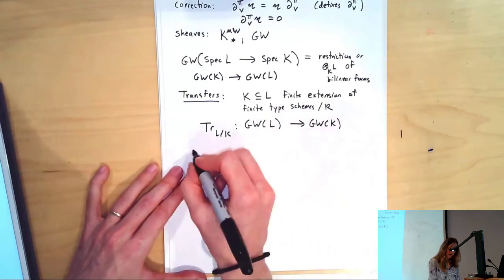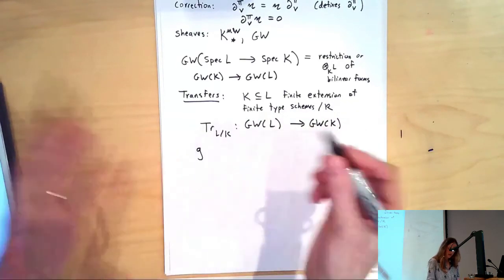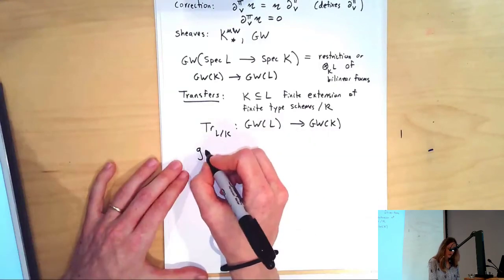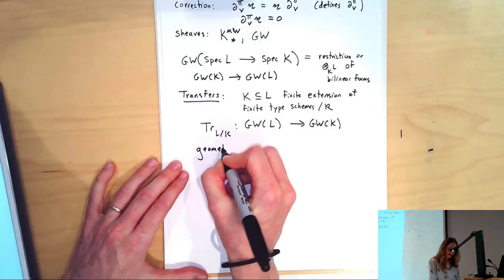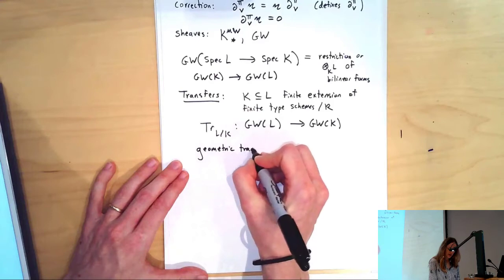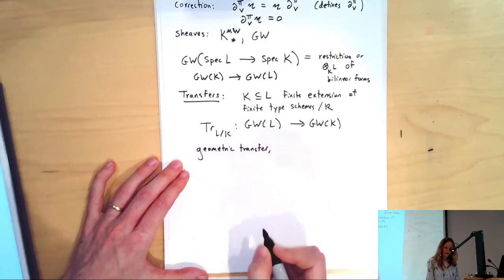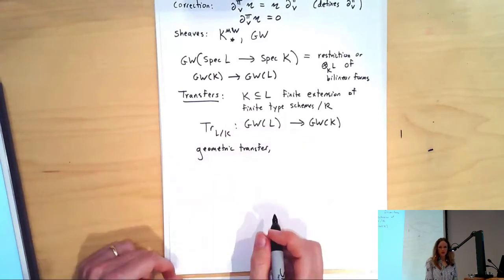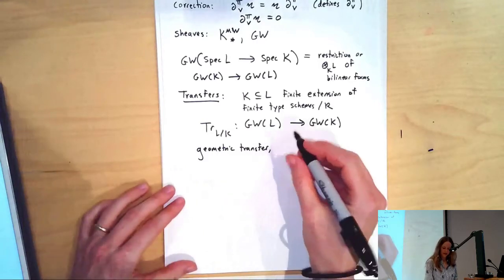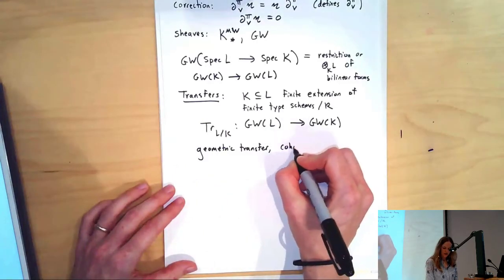And there are a couple types of transfers. For instance, in Morel's book, there's a geometric transfer, which is the prettiest, and it's the one we'll define. But then you precompose with multiplication by one of those brackets to define a cohomological transfer.